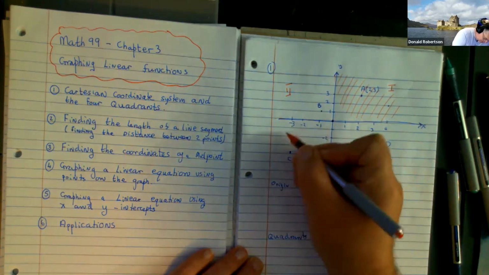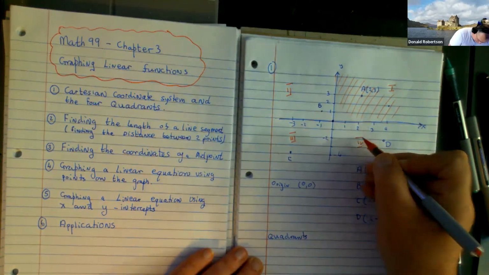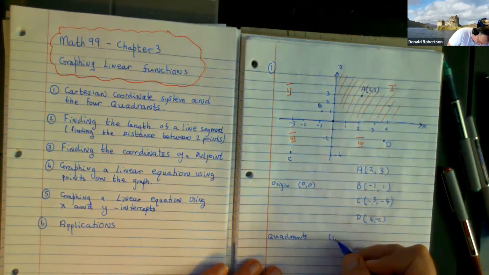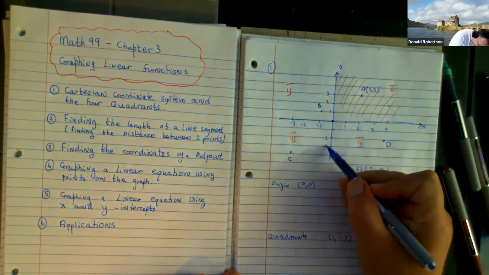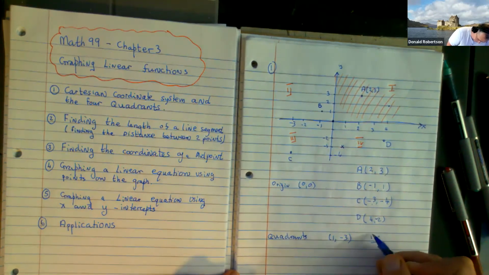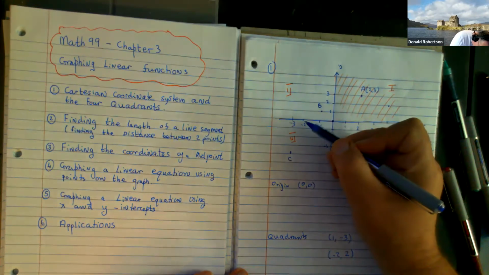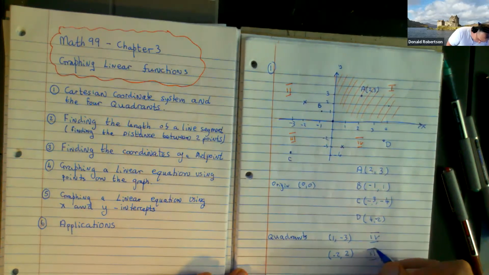Anything down here is quadrant 3, and anything over here is quadrant 4. So you might get a question in your homework like 1, -3, and you'd like to know which quadrant it's in. Well, 1, -3 is clearly in the 4th quadrant. And if I gave you the point -2, 2, that would be about here, and that's clearly in the 2nd quadrant.